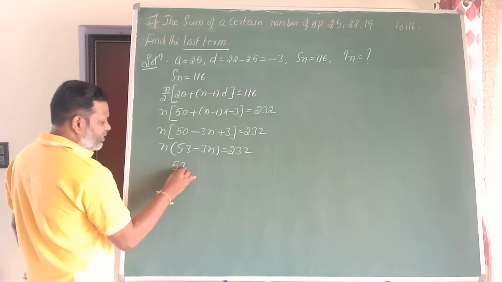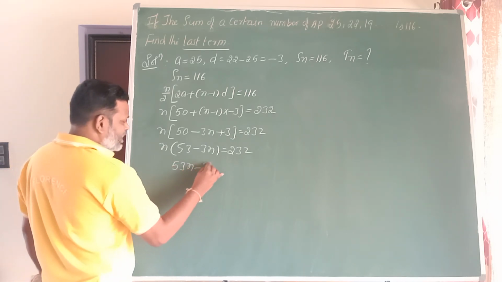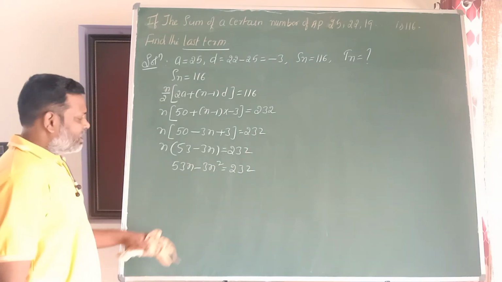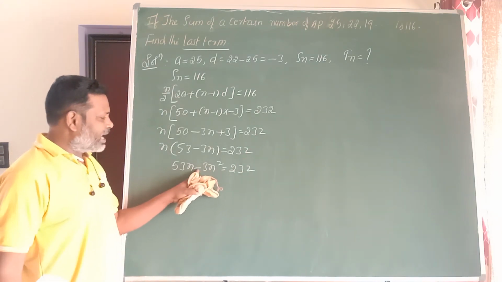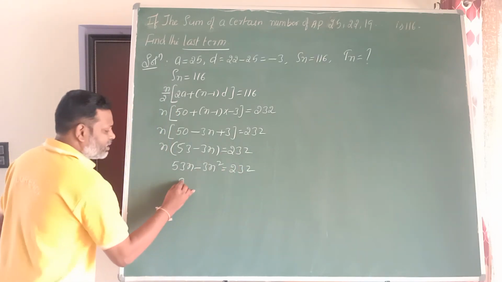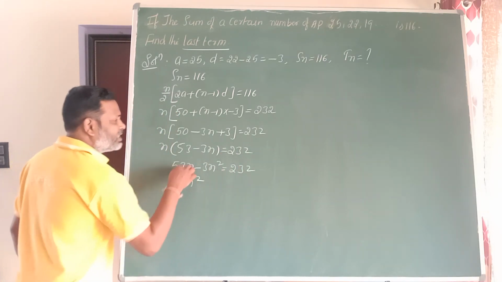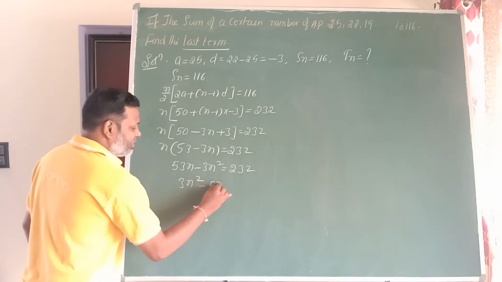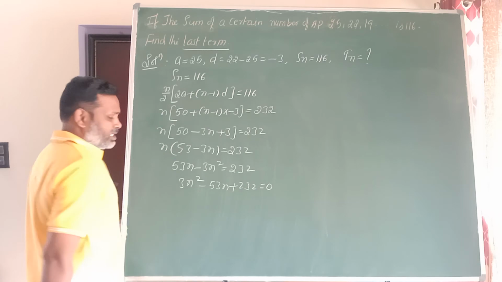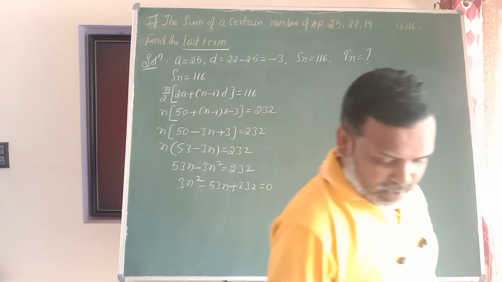Simplify that, 53n minus 3n square is equal to 232. Now since the highest term n square is negative, take all these things to the RHS. Minus 3n square goes that side, plus 3n square, 53n goes that side, minus 53n, and remaining is 232, equal to 0. Now you got a quadratic equation.